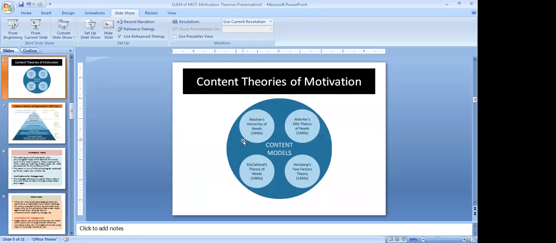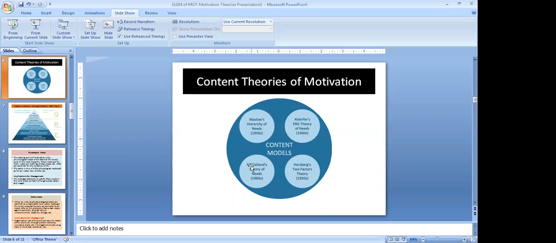The content theories that we're going to discuss include these theories that you can see: Maslow's hierarchy of needs, McClelland's theory of acquired needs, Alderfer's ERG theory, and lastly Herzberg's two-factor theory.